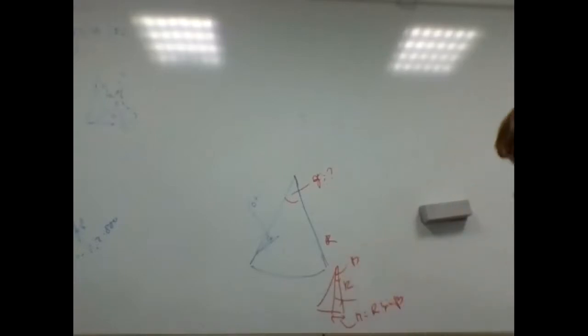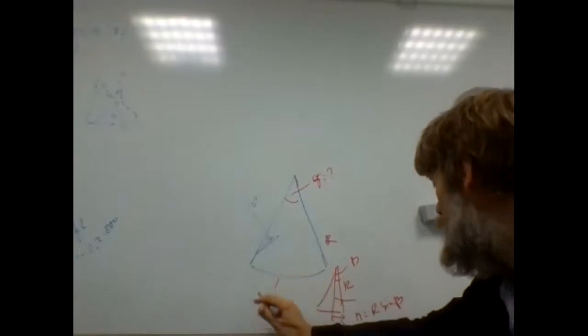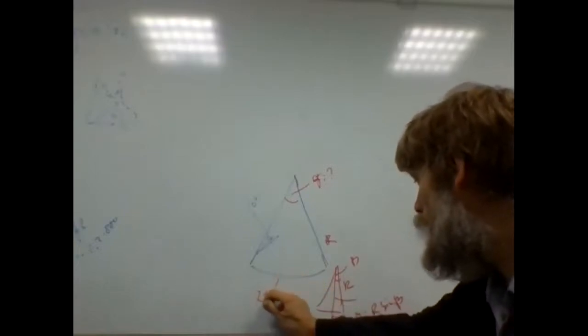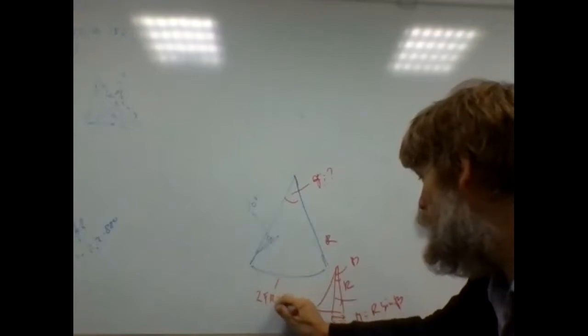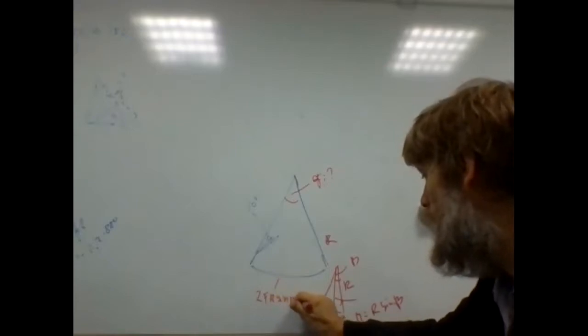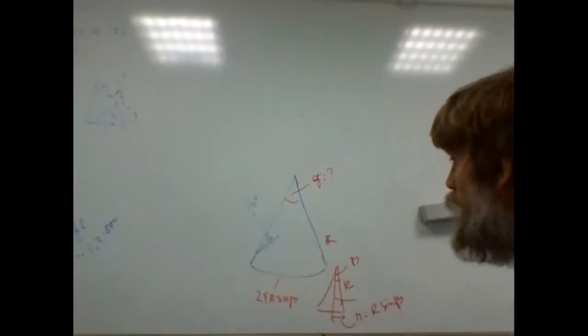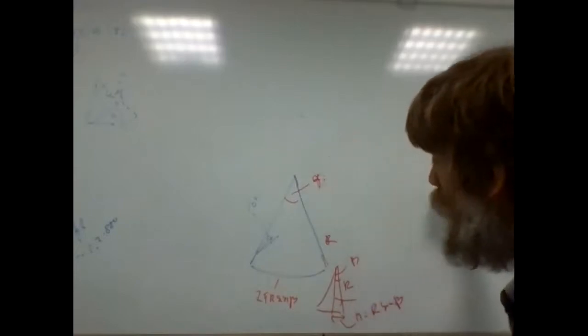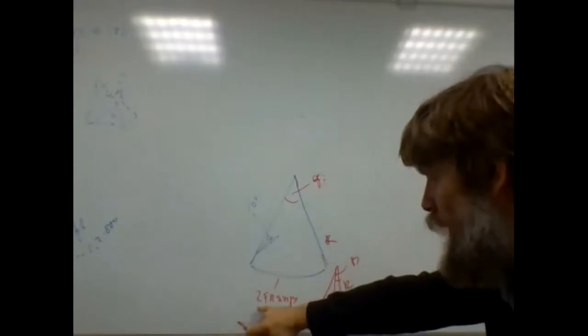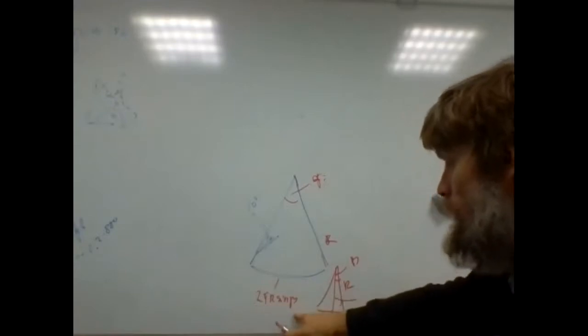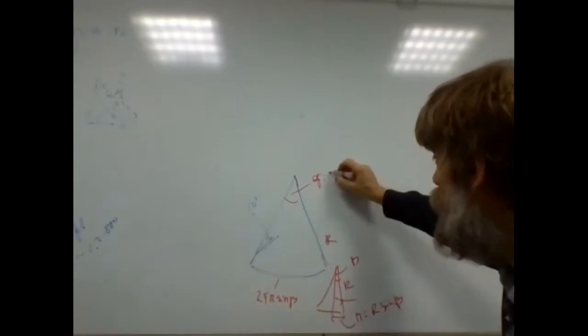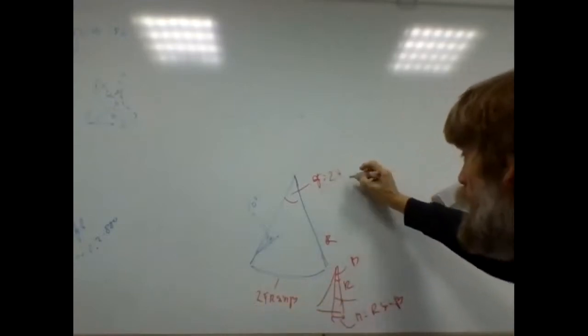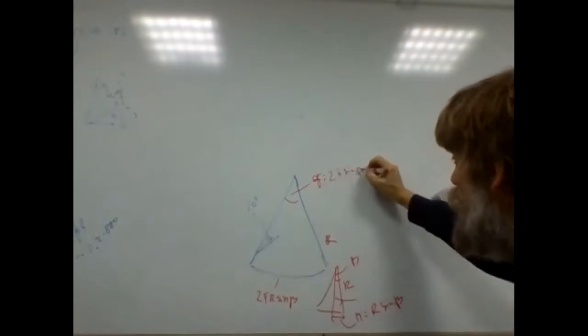And then this perimeter here is 2 pi r sine beta. So this angle gamma, in radians, if we divide 2 pi r sine beta by r, is 2 pi sine beta in radians.